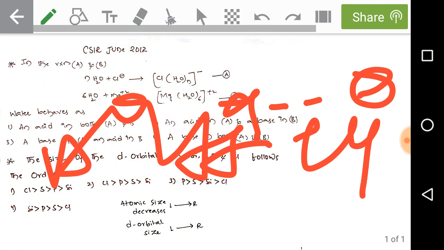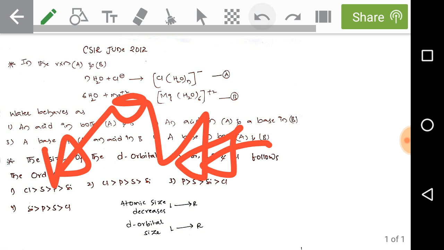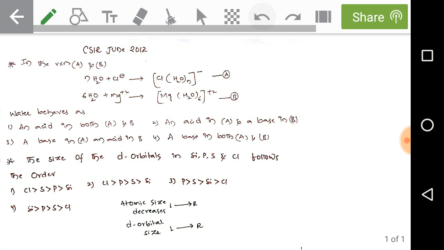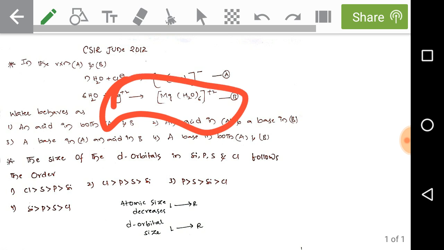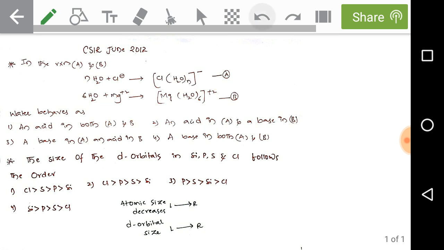Now come to the second reaction, where magnesium plus 2 reacts with 6 moles of water, making a magnesium complex. Observe that there is no change in the oxidation state of magnesium in the substrate and in the complex. It is plus 2 in both, because water is a neutral ligand. Here the lone pair of electrons on oxygen coordinates with the orbitals of the metal, magnesium plus 2, making a complex.